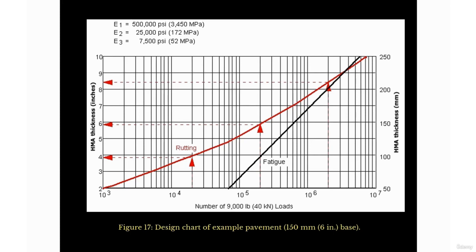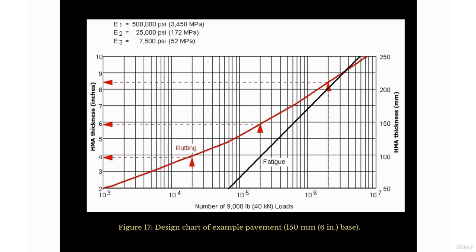As you can see from the red arrows showing each point, so we know at what thickness. At that thickness, we see exactly how the fatigue behaves, like how the rutting behaves relative to the fatigue. So we're expecting fatigue failure somewhere up here, closer to 10 to the power 7, which is consistent with our results, and consistent with what you can see here, E1, E2, E3. We got these from the calculation.